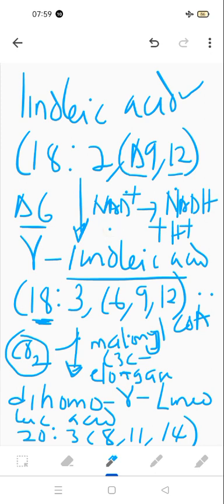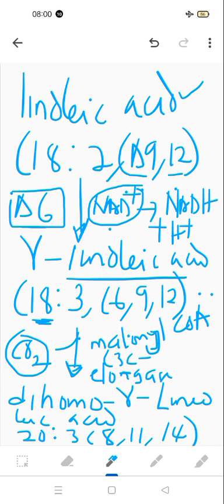This fatty acid undergoes desaturation in the presence of the desaturase enzyme, which removes 2 hydrogen from carbons 6 and 7, in the presence of the coenzyme NAD plus.